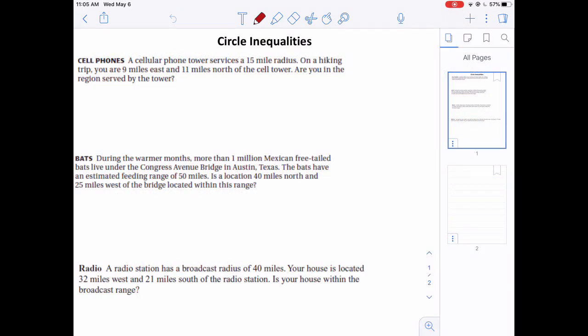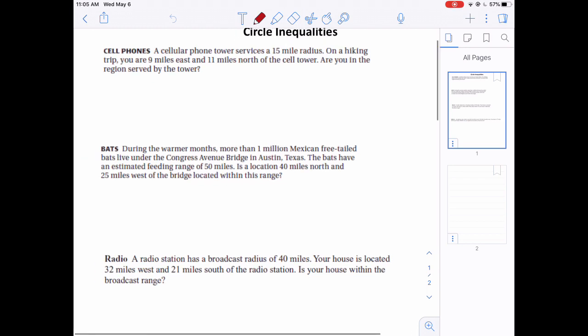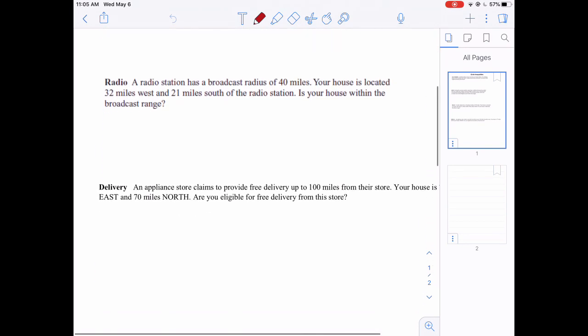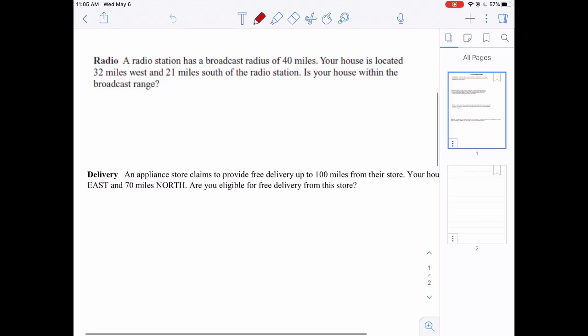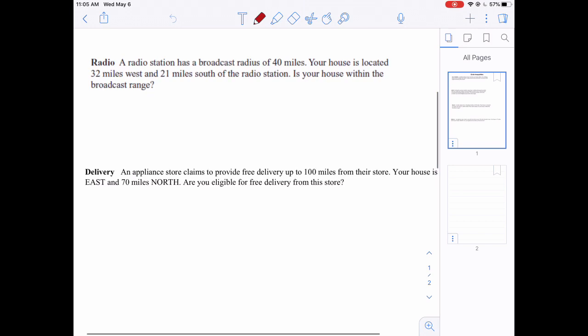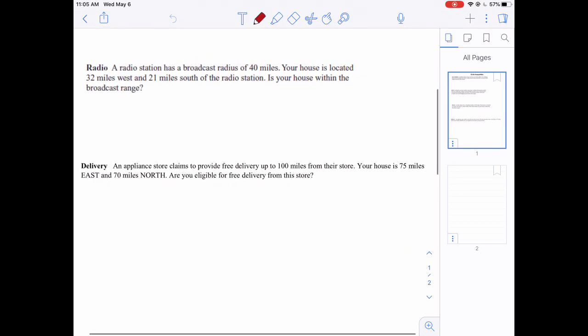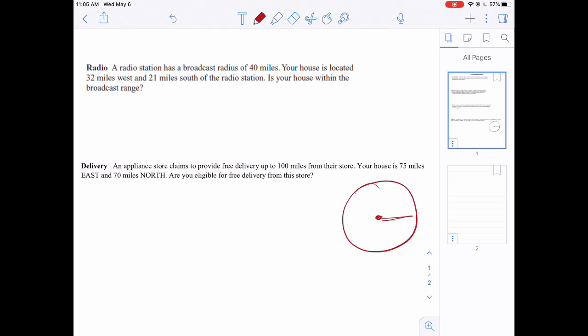All right, so let me do one more of these problems for you with inequalities. We're in the circle inequalities paper, which should be your homework. The last one is called delivery. An appliance store claims to provide free delivery up to 100 miles from their store. Your house is 75 miles east and 70 miles north. So again, the picture: here's the store, and the radius is 100 miles.